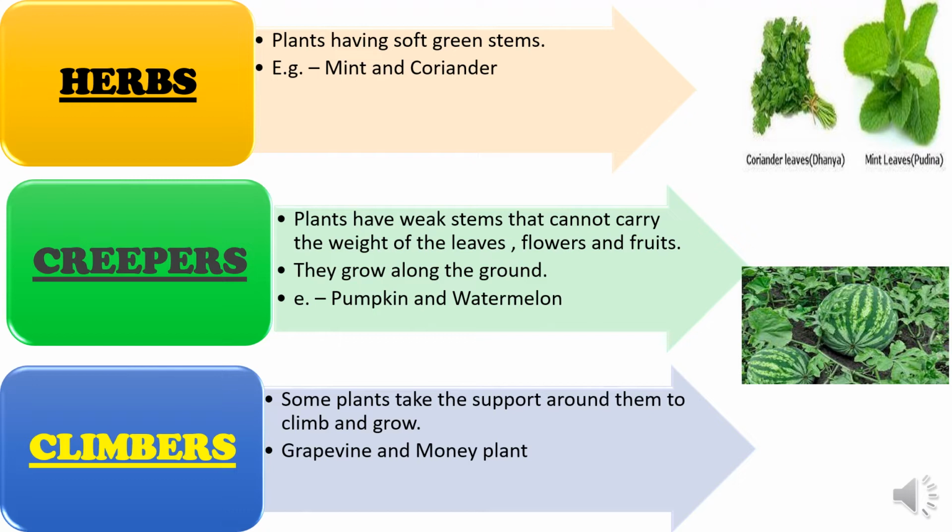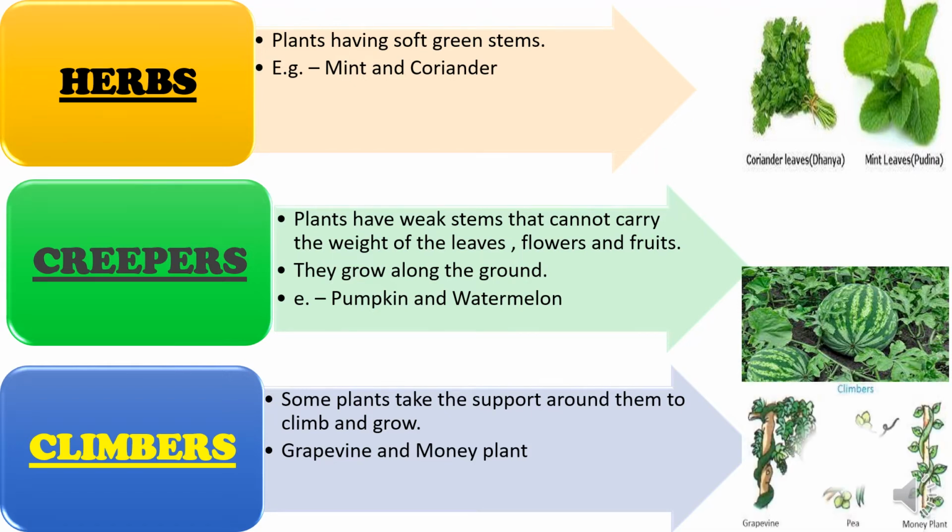The third category of stem is climbers. Climbers, as the name suggests, are not so strong, but if you tie them to a support, they can grow and climb easily up to a certain height. Examples: the money plant we have all seen in our houses, grapevine and peas.